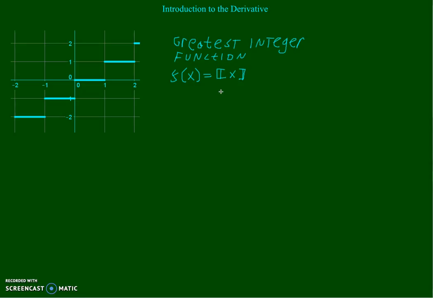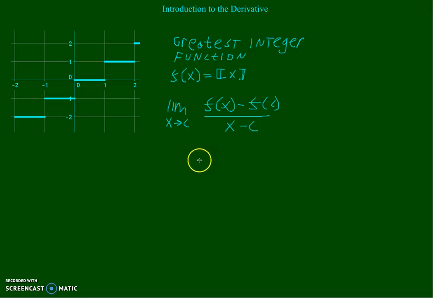So to rewrite the limit, it's the limit as x approaches c of f of x minus f of c over x minus c.